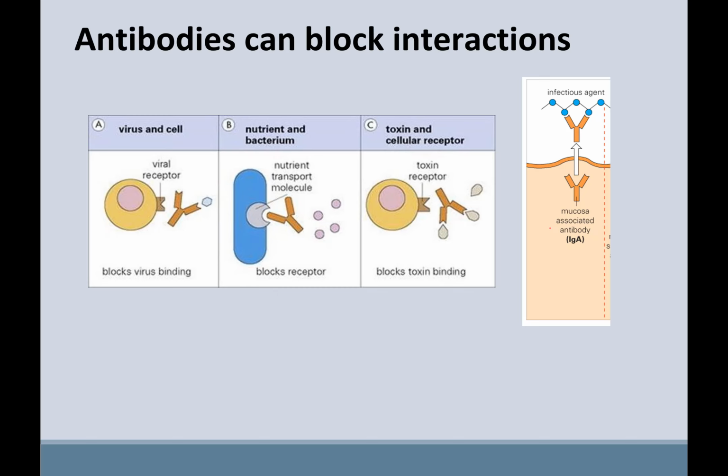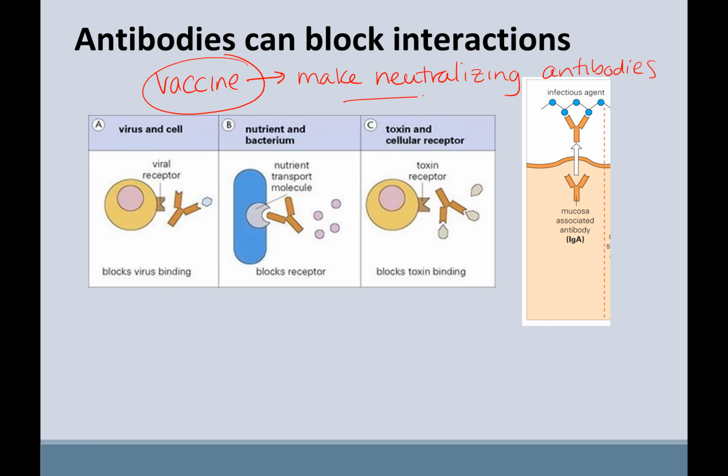So when you get a good immune response, or actually when you get a vaccine, one of the things we try to do with a vaccine is make what we call neutralizing antibodies. Okay. That's your goal.